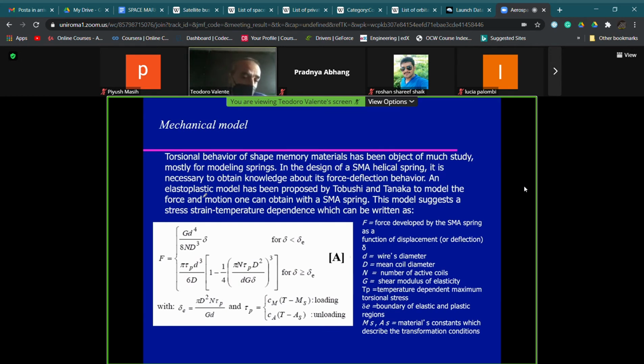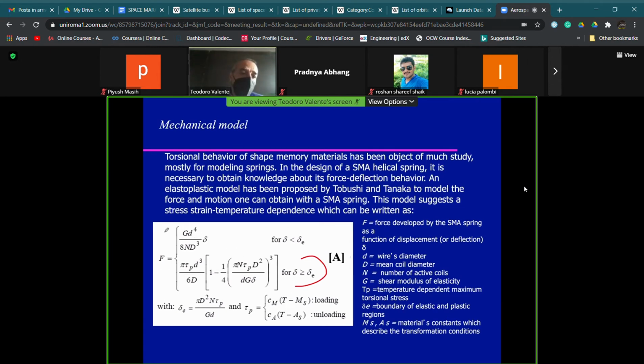These are equations which can be used for helical springs. I've given to you something which is not usual, something which also includes, in this second case, the possibility to have some plastic region.